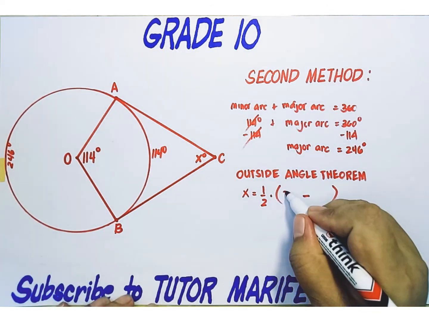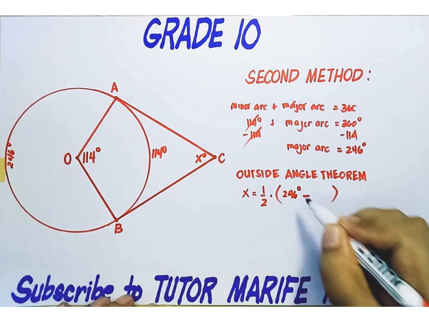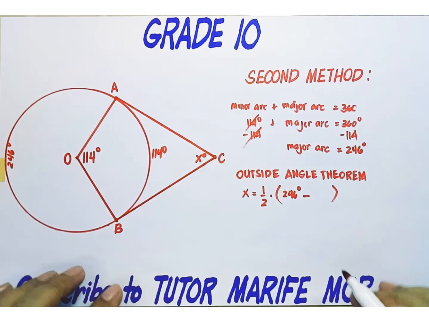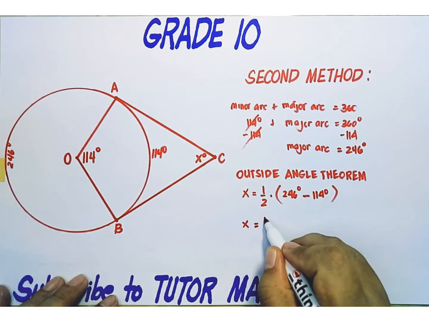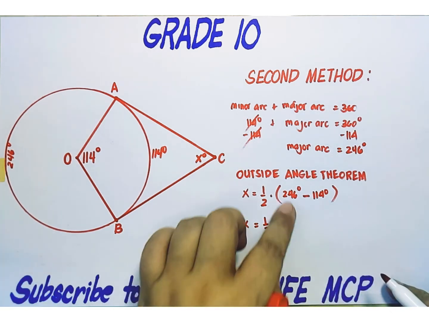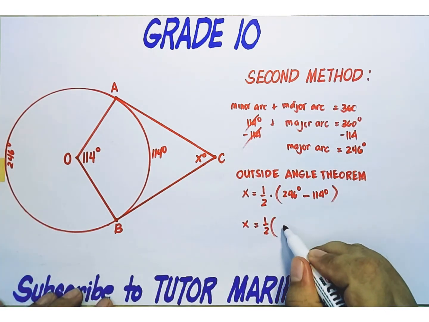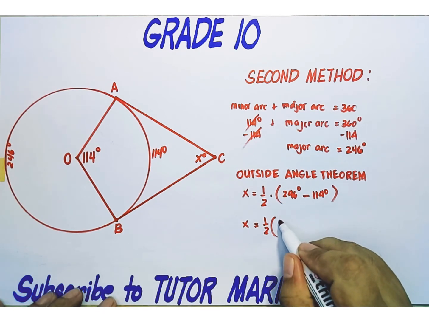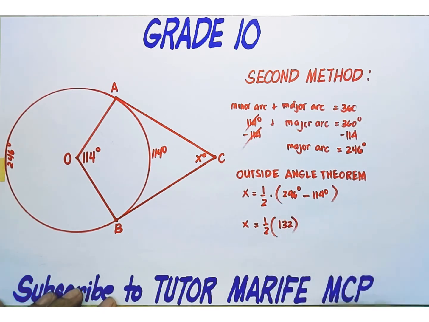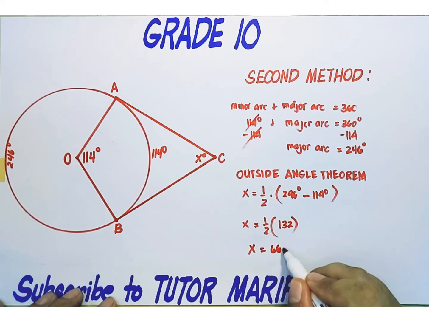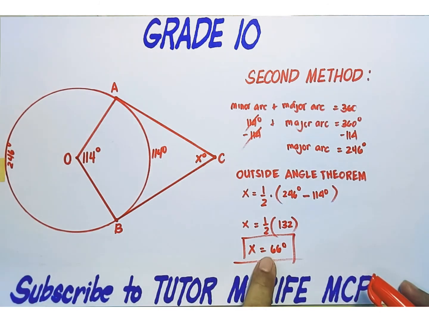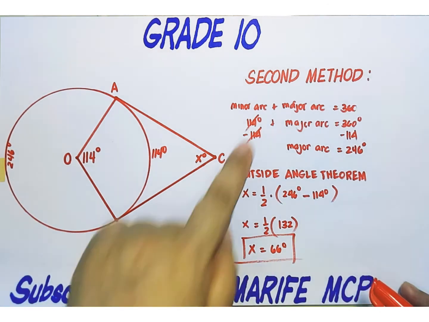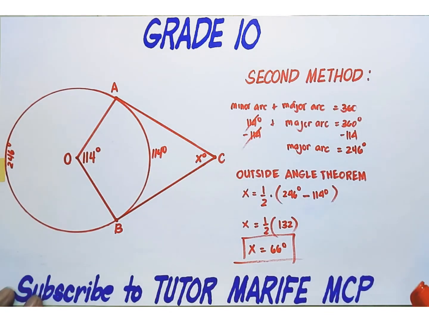Our major arc is equal to 246 degrees, while our minor arc is equal to 114 degrees. x is equal to 1/2 of 246 minus 114 is equal to 132. And 1/2 of 132 is equal to 66 degrees. Our answer is the same as our answer in the first method.